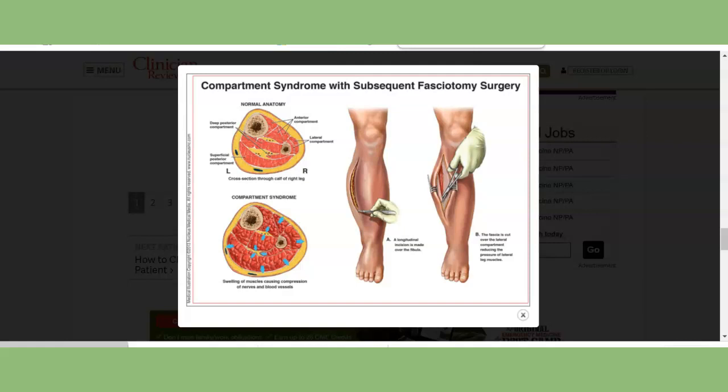All right, I want to go to fat emboli. Fat emboli is a piece of fat, and usually it forms if you have a fracture in one of the long bones.